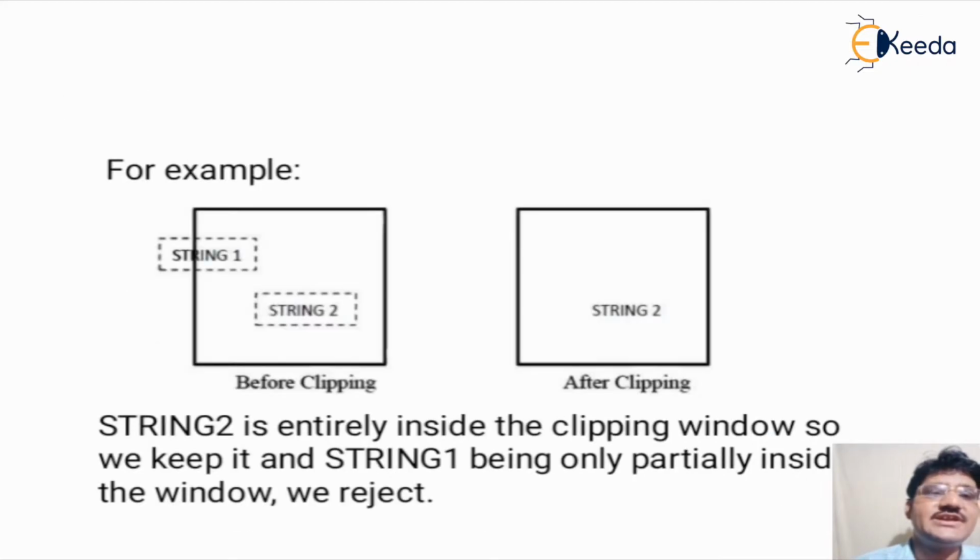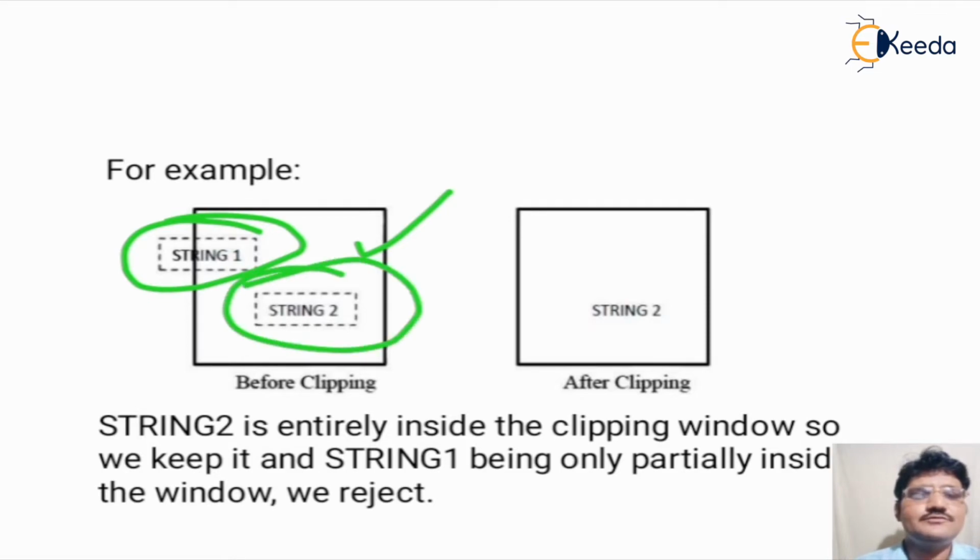We can understand this by the diagram. In the diagram, this is the clip window and these are two strings, string 1 and string 2, and we want to clip them against the clipping window. So this is before clipping.